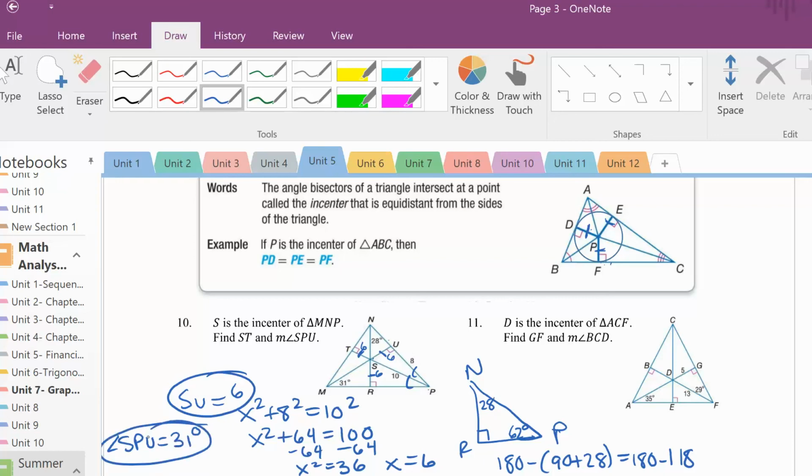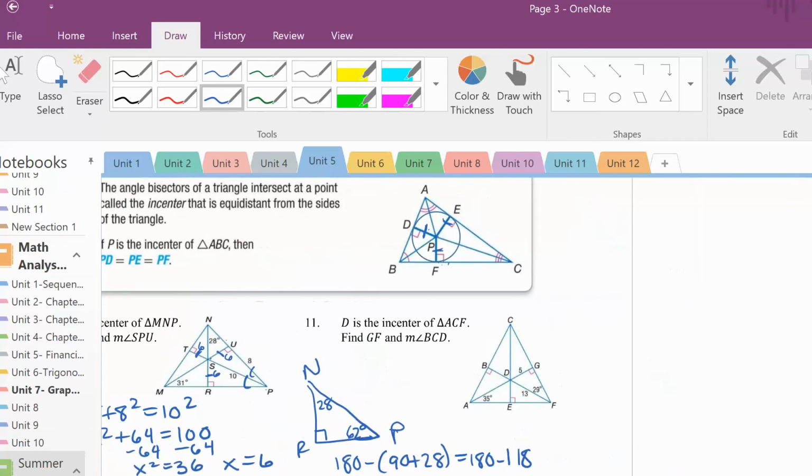All right, so look at number 11. Same situation. It says find GF. Well, GF is right here. And so we have a right triangle, so we could go 5 squared plus x squared equals 13 squared, because 13 is the hypotenuse of the right triangle.